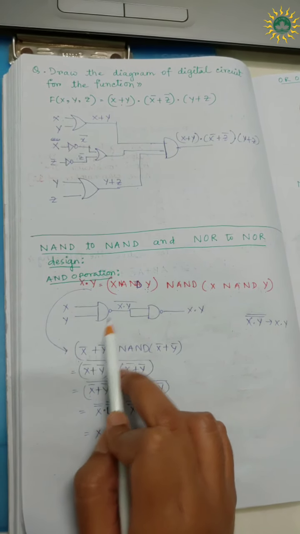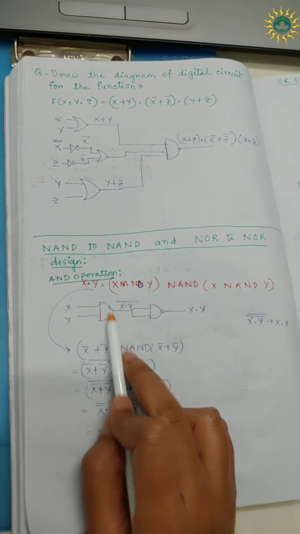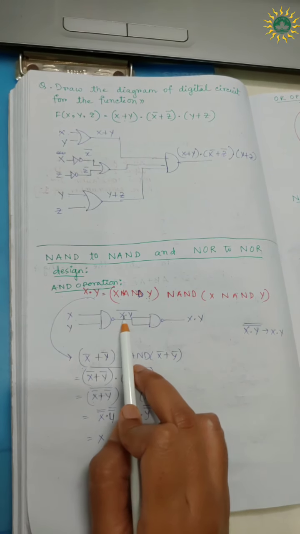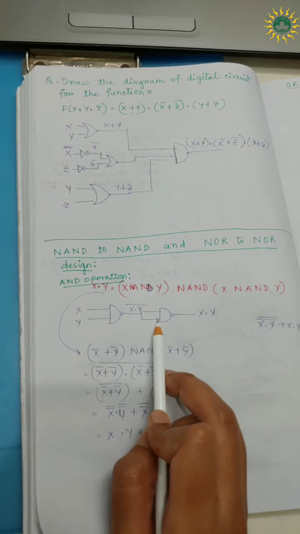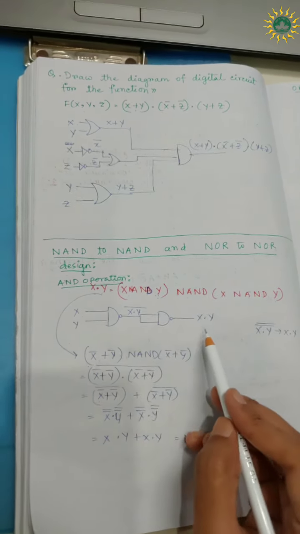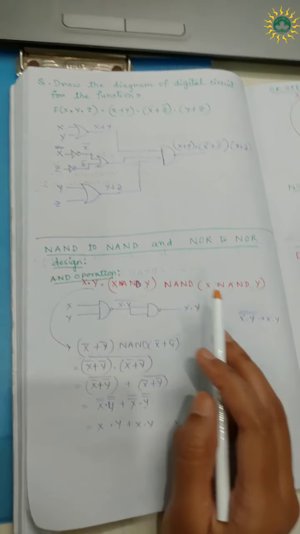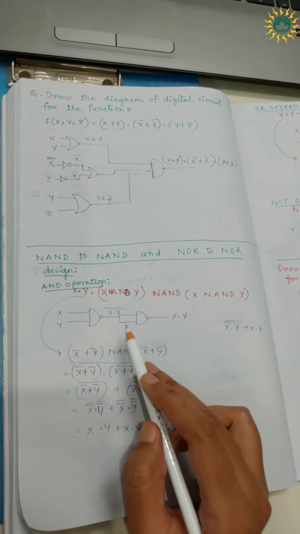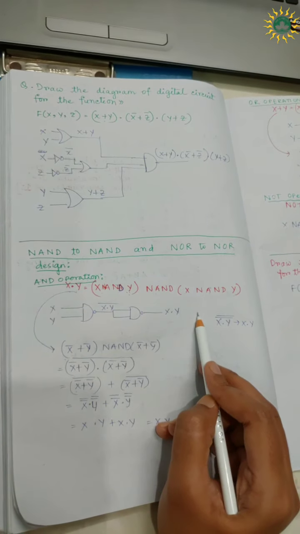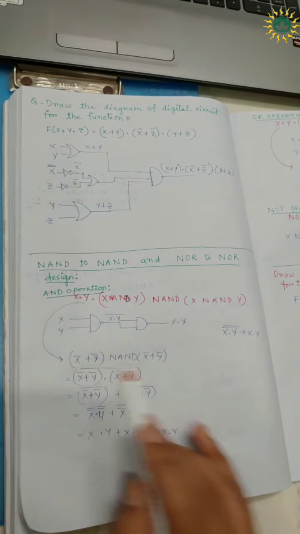This is NAND, which is AND and NOT together. So x y NAND, and then we'll pass that answer again through the NAND gate, which will give you x dot y. This is the expression.